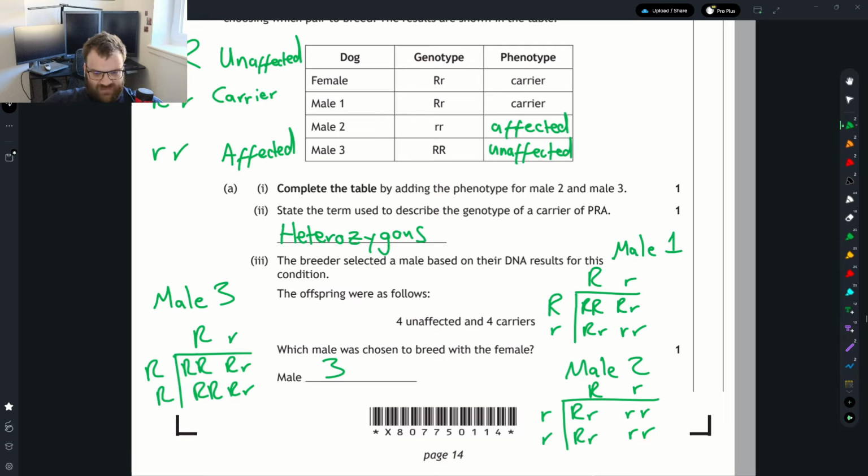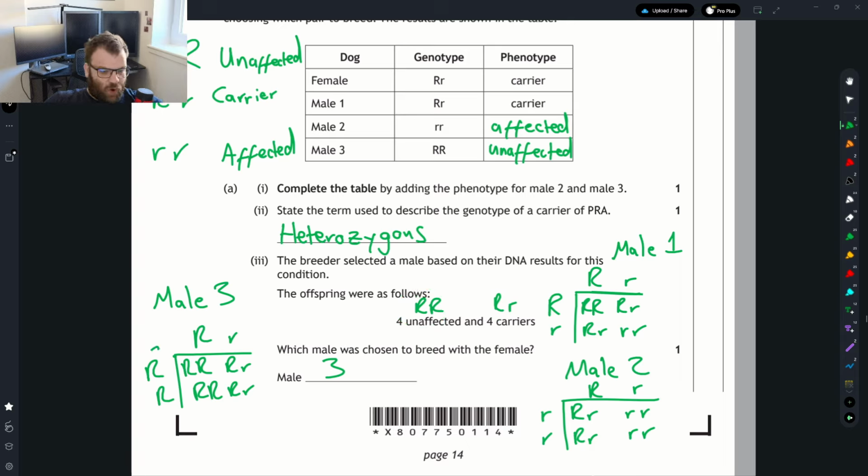What could be another way of doing that? Well, an unaffected one needs to have big R, bigger, and a carrier needs to have big R, littler. Well, if the mum has one of each, to ensure that all of them get a big R, the dad has to have 2 big R's.